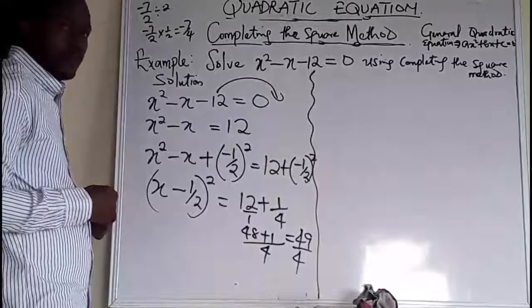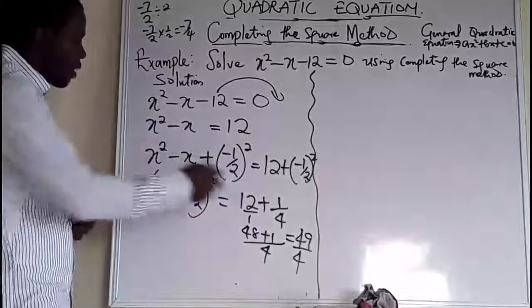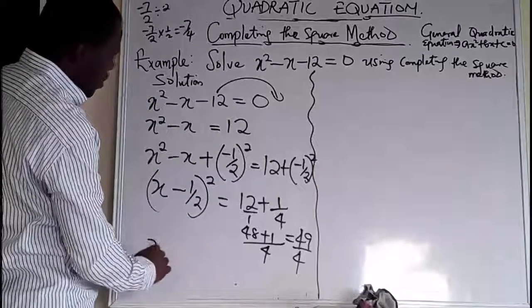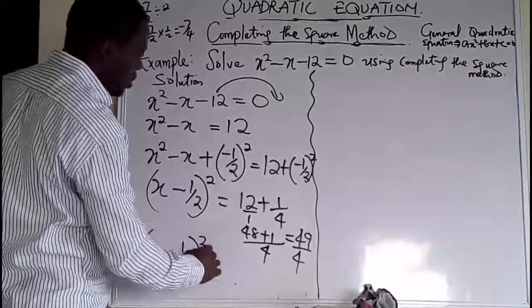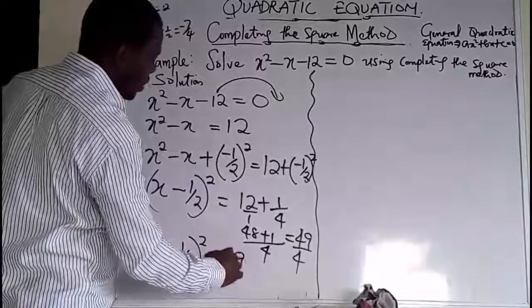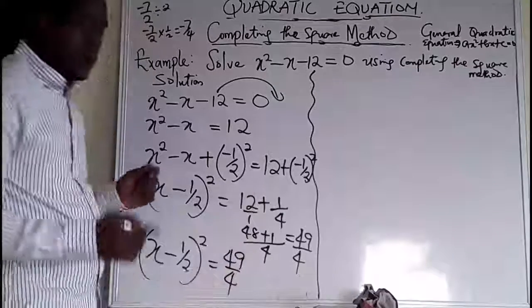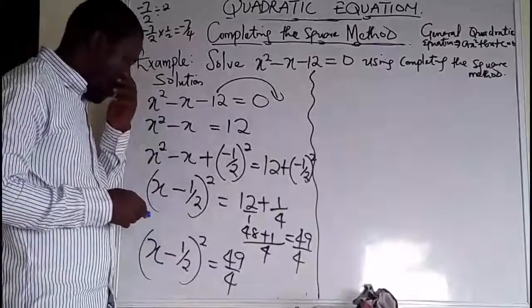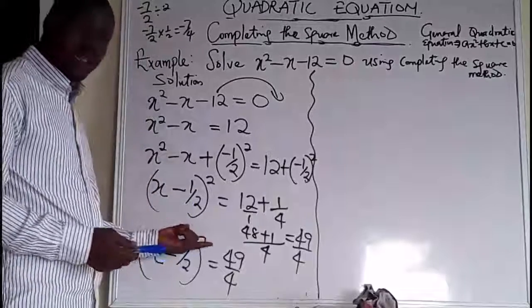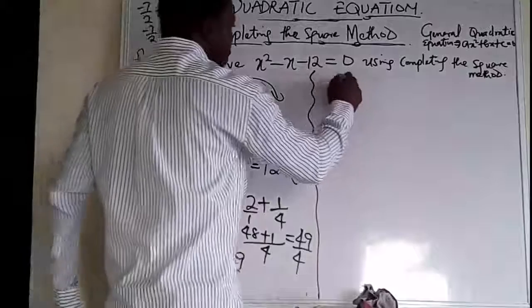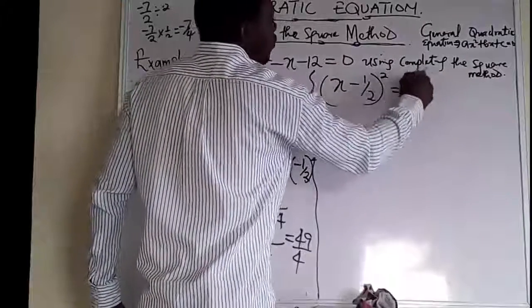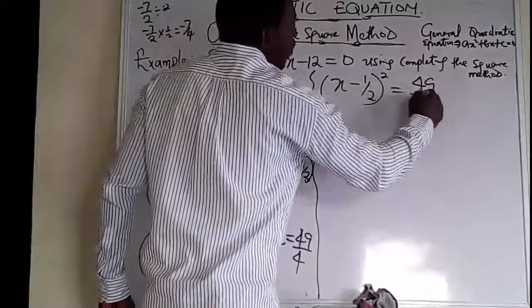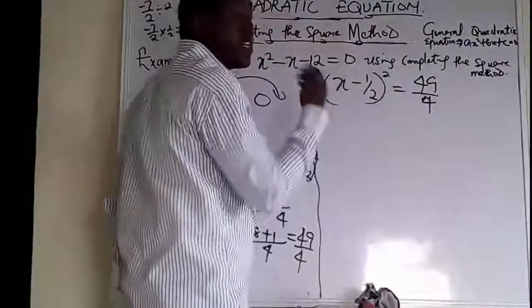Now, we have x minus 1 over 2, everything squared, equals 49 over 4. The next thing to do is get rid of this square, so we take the square root of both sides.